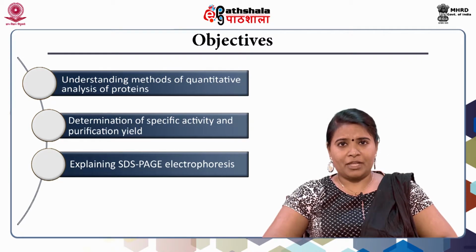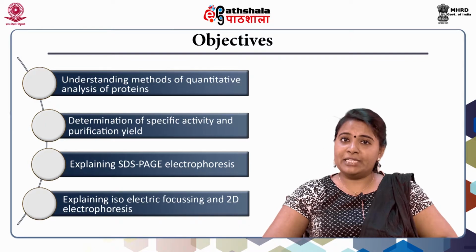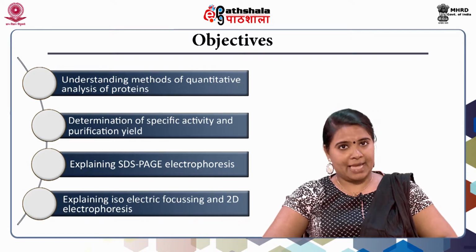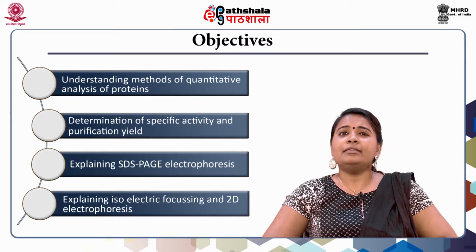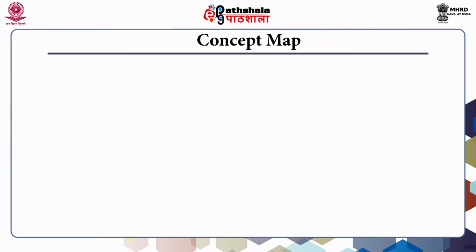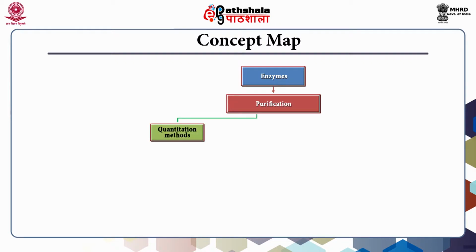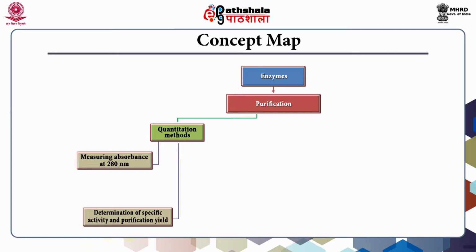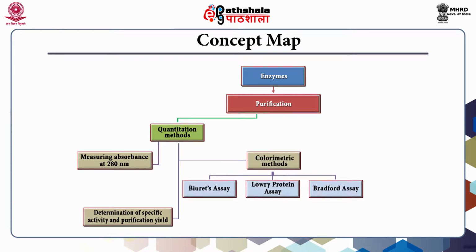For example, we will look at assays for determining protein content in a sample and also study the electrophoresis of protein in detail. To start, this concept map shows the outline of today's lecture. We will first study the various protein quantification methods, which include the protein assay and determination of specific activity and yield.